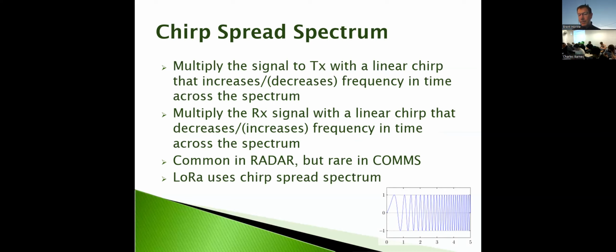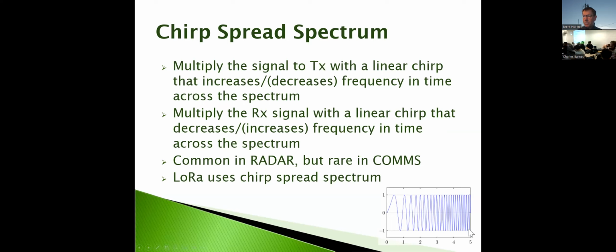All right, to wrap up then, let's look at chirp spread spectrum. Here you can see in this diagram, you might have a waveform that varies in frequency over time. At the beginning of this, it's a low frequency, low periodicity.